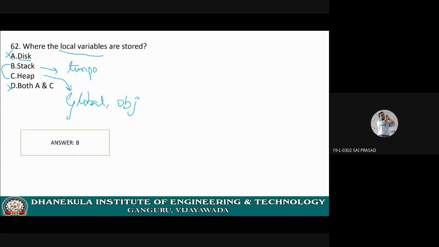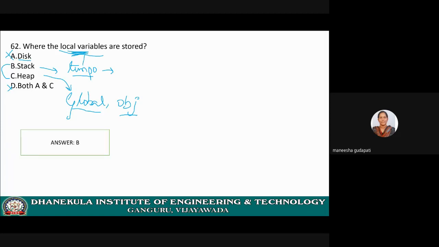Heap. C, ma'am. What did I say? In heap you are going to store global variables and objects. In stack we will store all the temporary values like method invocations, like variables, everything will be stored in the stack. Here they are asking about local variables.